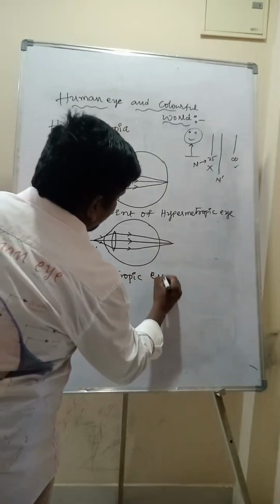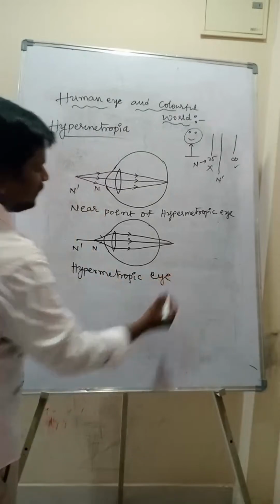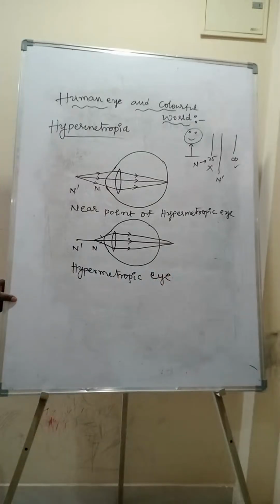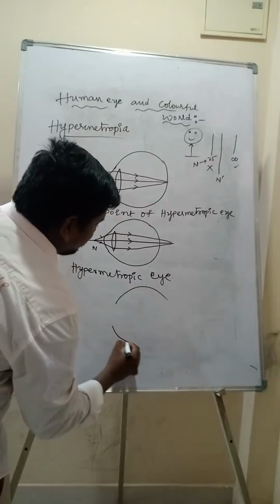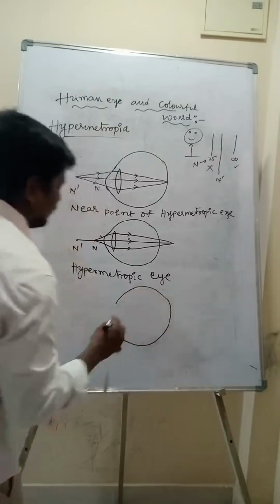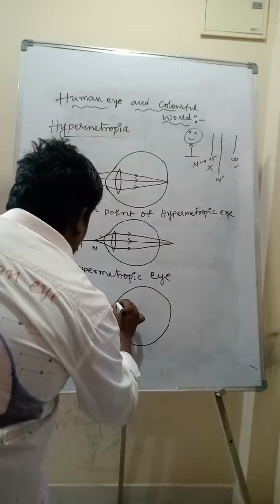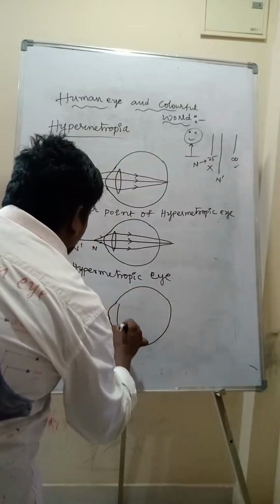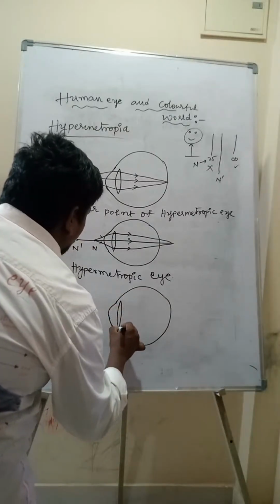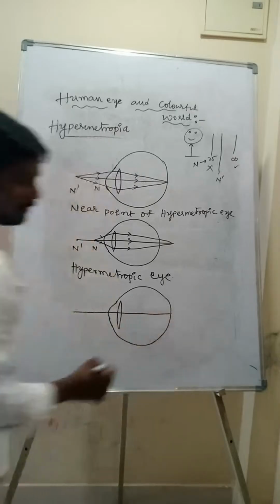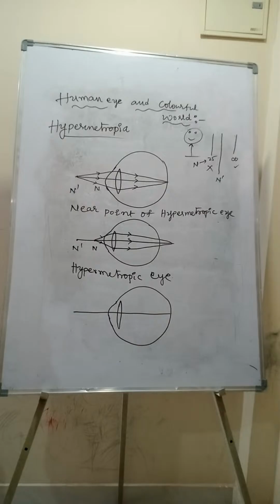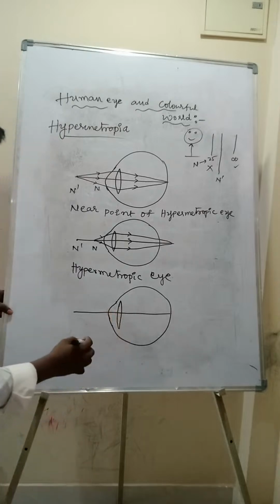Next one, correction of hypermetropia. So I am taking this one like this. Here I am considering the eye lens, the light rays.